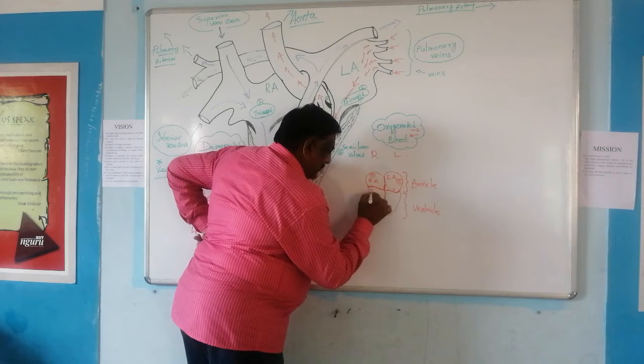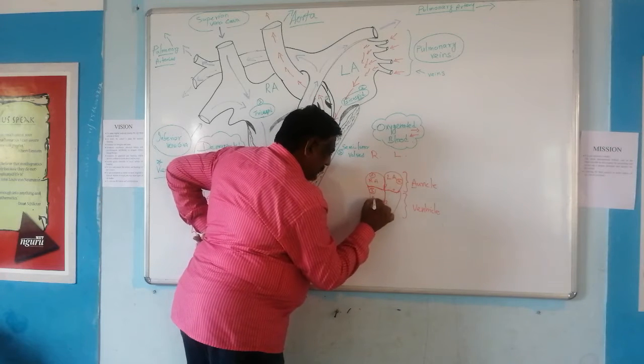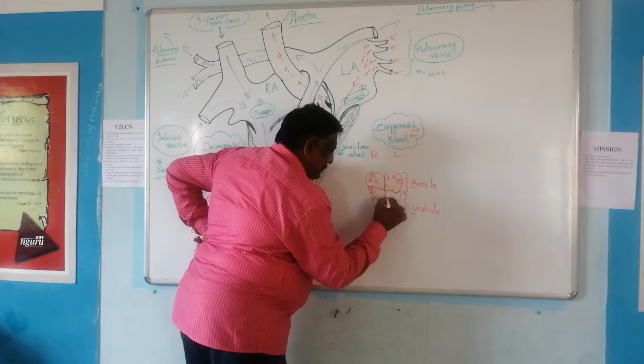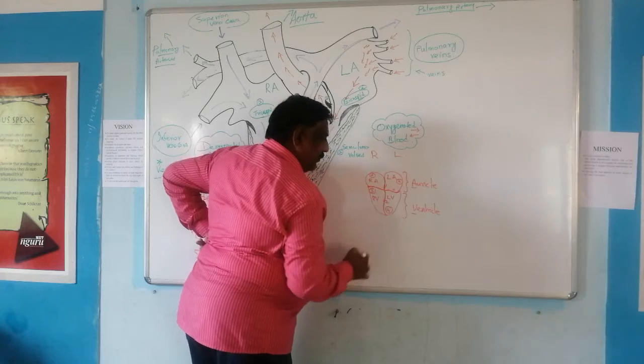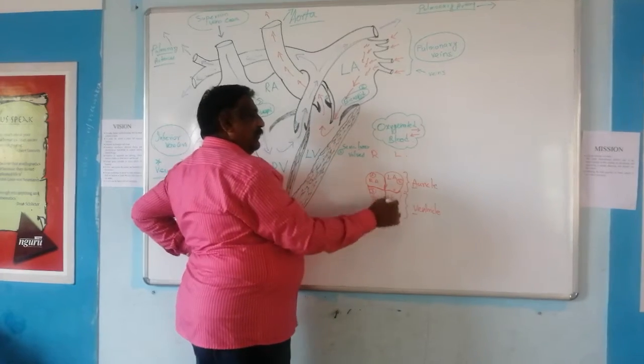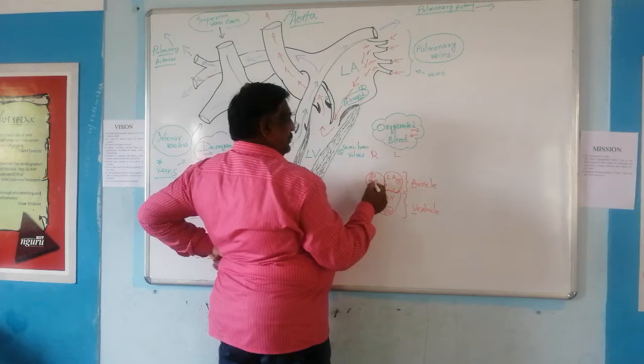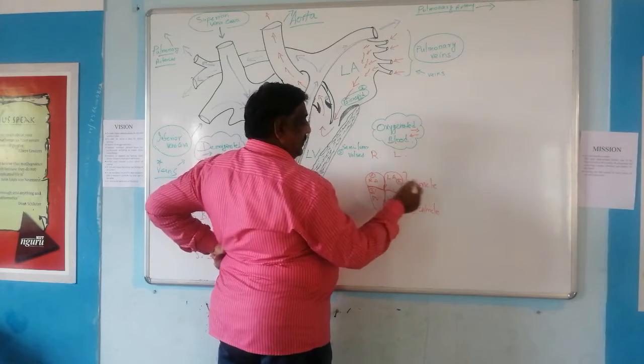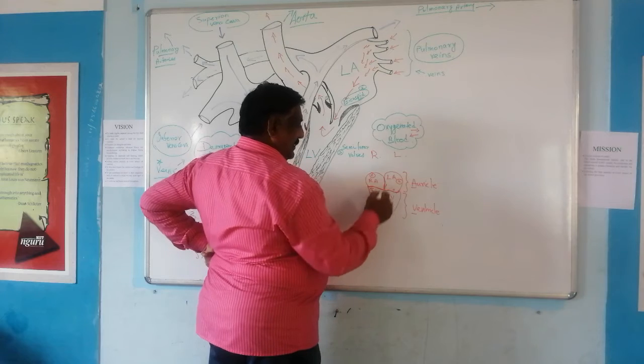Chamber 3 is the right ventricle, and the left ventricle is chamber 4. How many chambers now? 4 chambers are there, 2 in the upper and 2 in the lower. They are called auricle and ventricle.